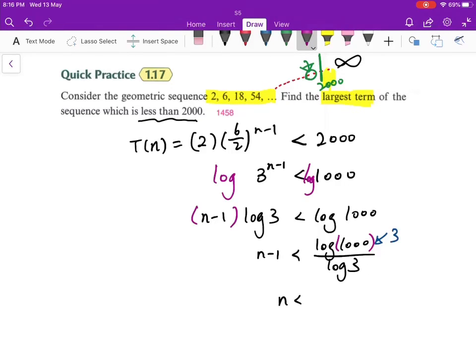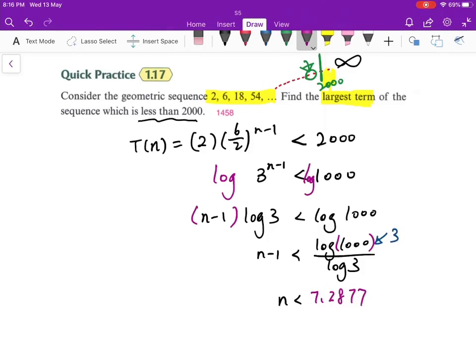A lot of students get the wrong answer because they forget to close the bracket. After that, you will find the n. So actually, n should be less than 7.2877, because this is not your final answer.